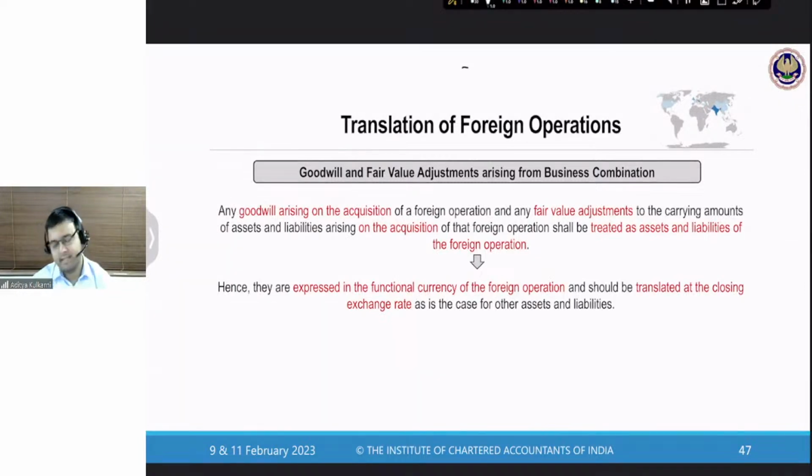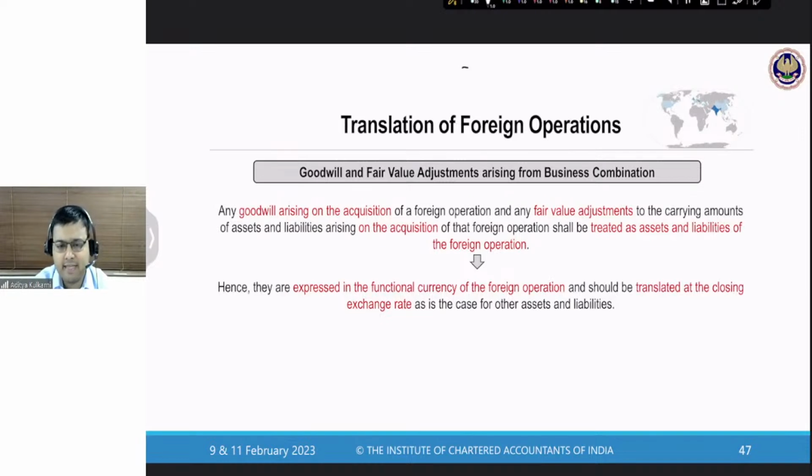Yes, it is an unclear transaction. You can say that. It's not certain what you want to treat it as. All right. So now coming to business combination, we had two things. One is fair valuation of identifiable assets and liabilities taken over, and second is the goodwill that arises on the consolidation.